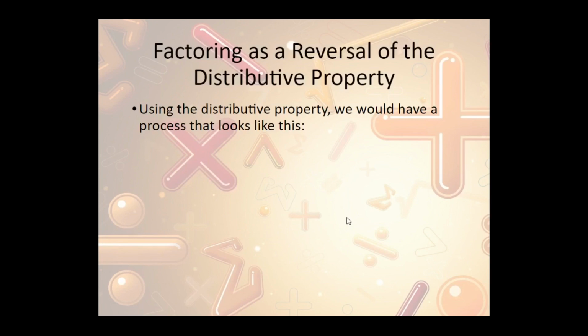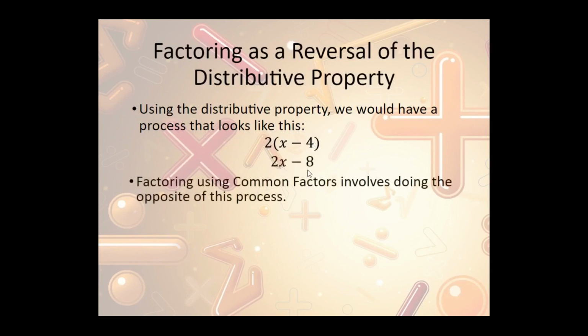So factoring is really just a reversal of the distributive property. For instance, with the distributive property, we had something that looked like this earlier. We had 2 times x minus 4. Well, we multiply 2 times x and 2 times negative 4, and we get 2x minus 8. Now, if we were to factor this, we're looking for something that's in common between the two of them.